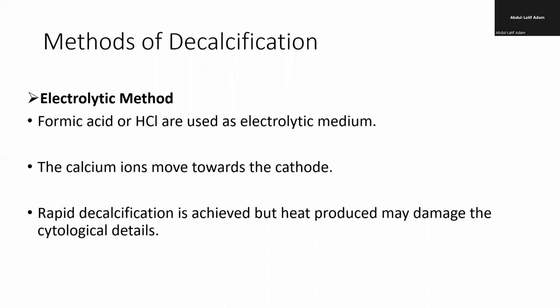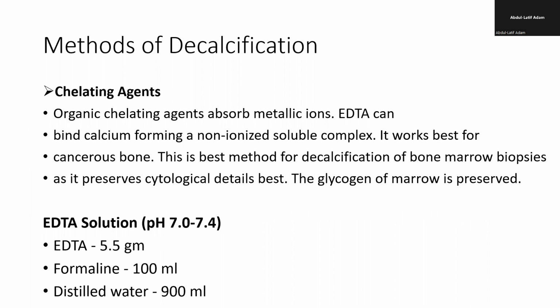Okay, so you have anode and cathode. The calcium goes to the cathode, and then the HCl is at the anode. There is this movement from one point to the other, and then it leads to the removal of the calcium, and it does not cause so much distortion to the tissue.